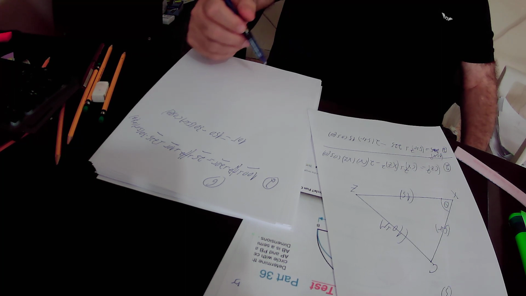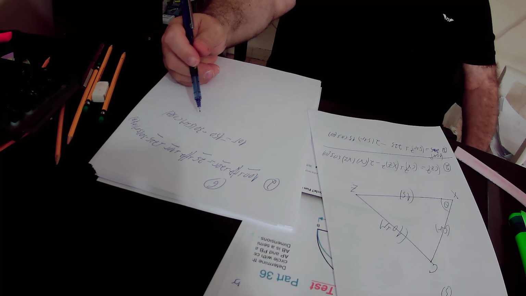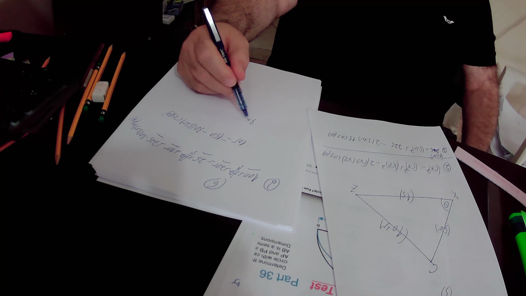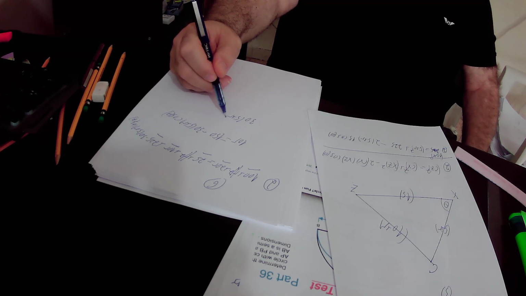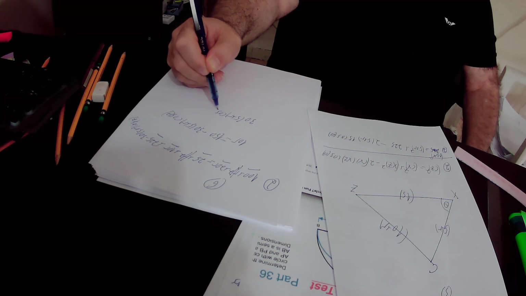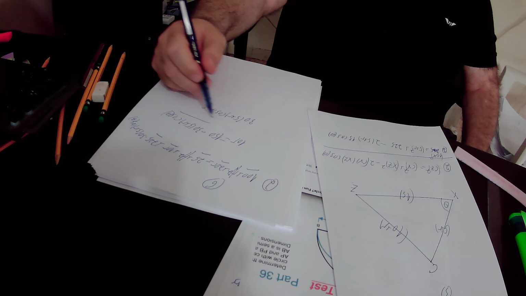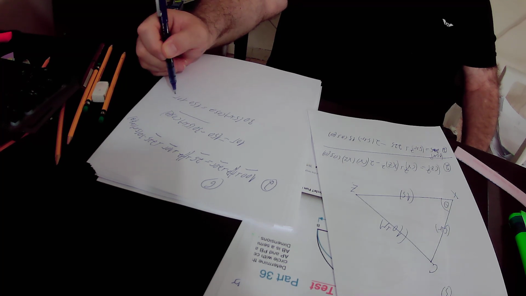Here we will add to this equation 30 times (5 plus r) cosine theta, and we get that 30 times (5 plus r) cosine theta equals 150 minus 10r.